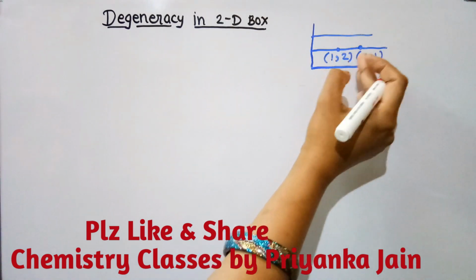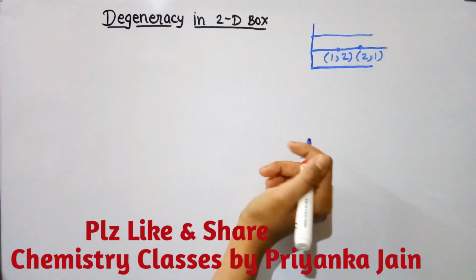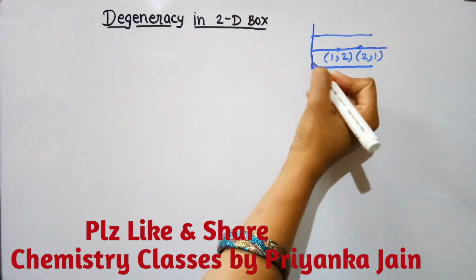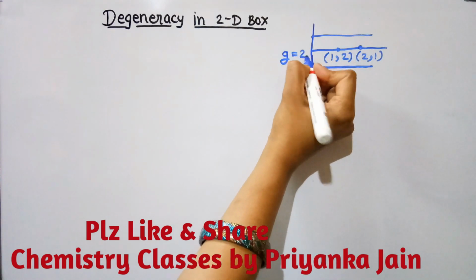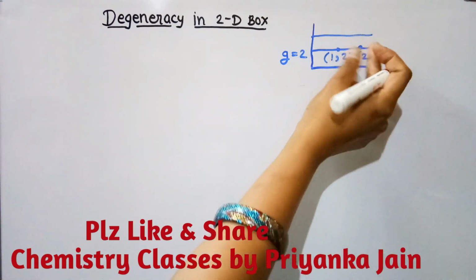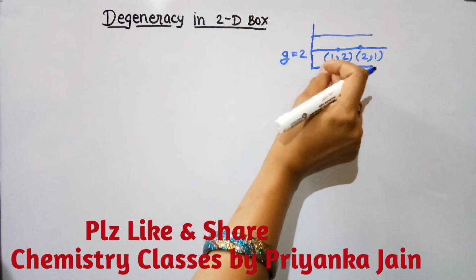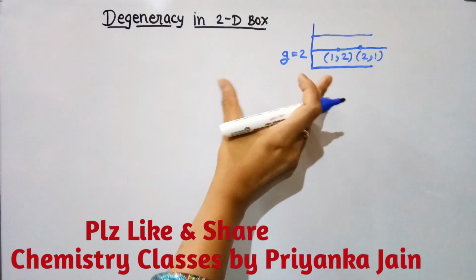So this level will be called a doubly degenerate state. It means the degeneracy here, g, will be equal to 2. It means there are two states having the same energy. This is the general meaning of degeneracy, right?